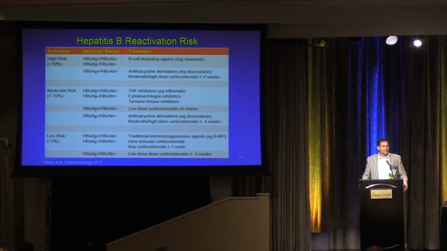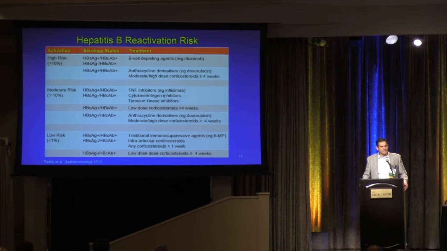Once someone reactivates, you've got to act really quickly because the consequences are potentially deadly. When someone reactivates, off-label, we do combination antiviral therapy. We have no data for this, but because these two drugs are non-overlapping in terms of mechanism, and they're both very safe and effective, we think it's an appropriate course for someone who has already reactivated.